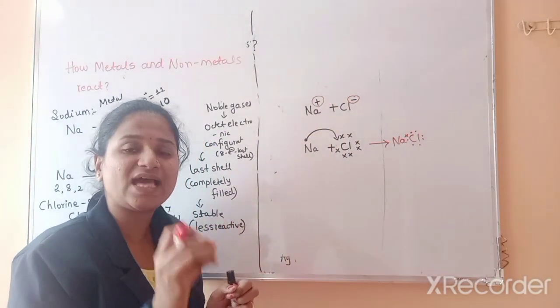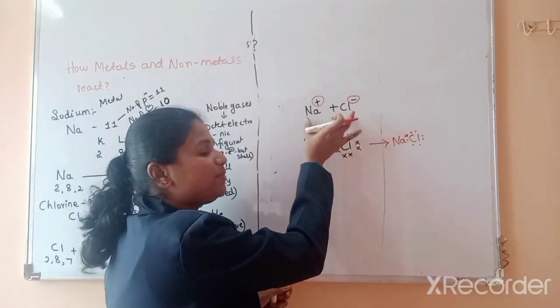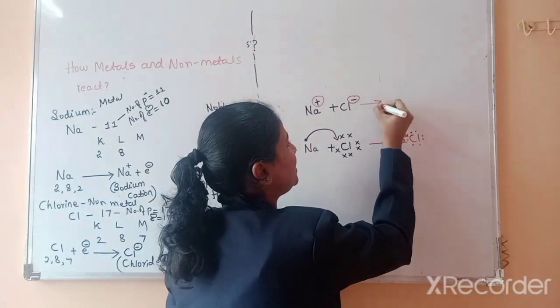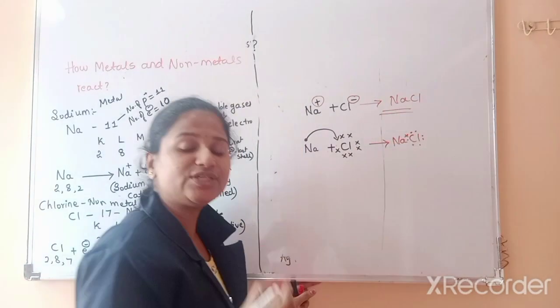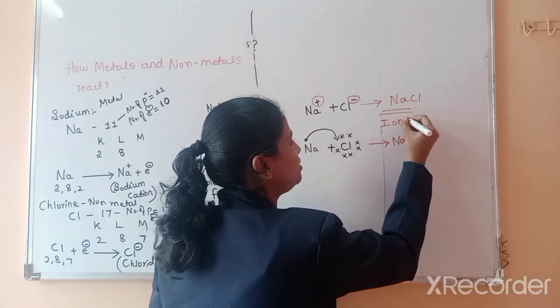Meaning electrostatic force will be developed between them, which makes them NaCl. This electrostatic force leads to the formation of a compound which is called an ionic compound.